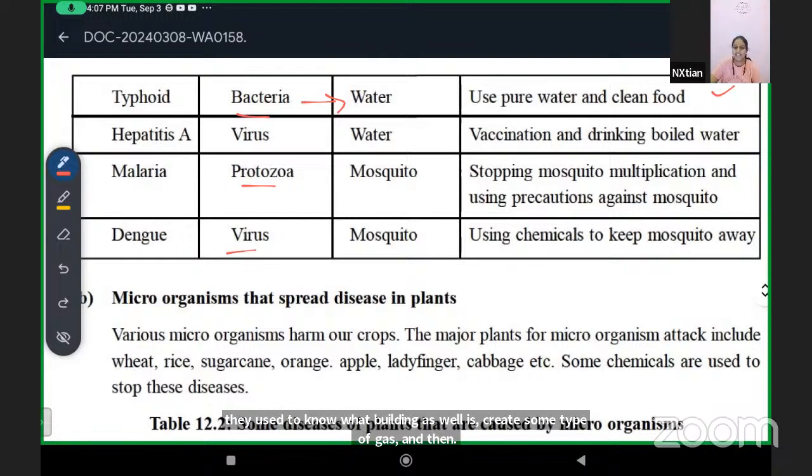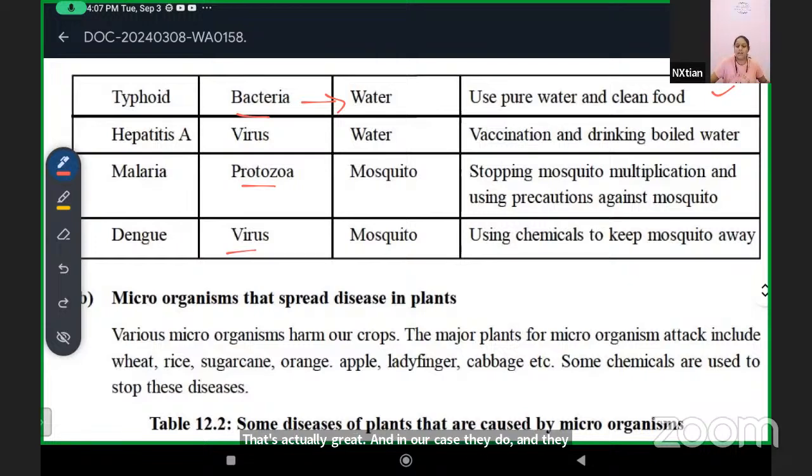Okay, that's actually great. In our place they don't usually do that, but we use it in the evening when there's high density of mosquitoes. We spray it near all the doors and windows, so mosquitoes don't get in.